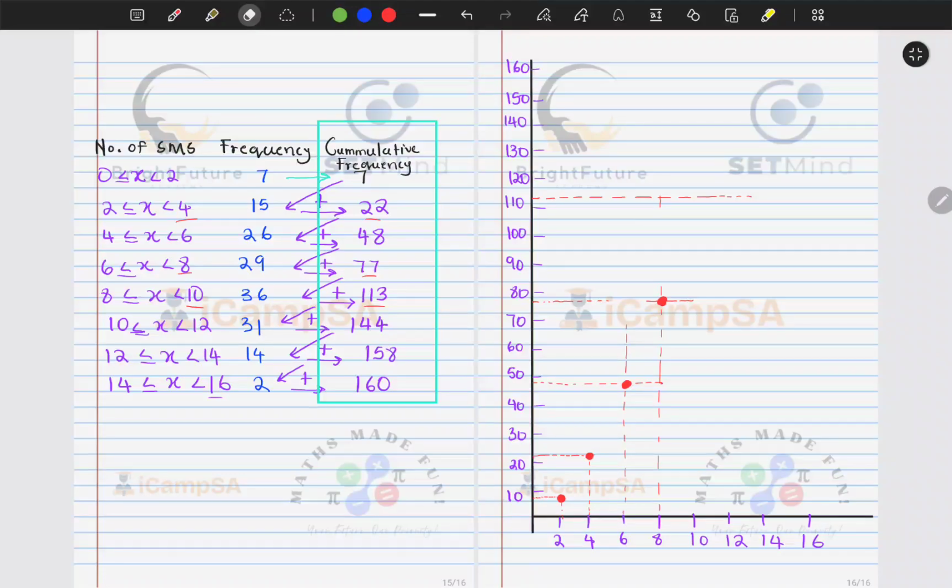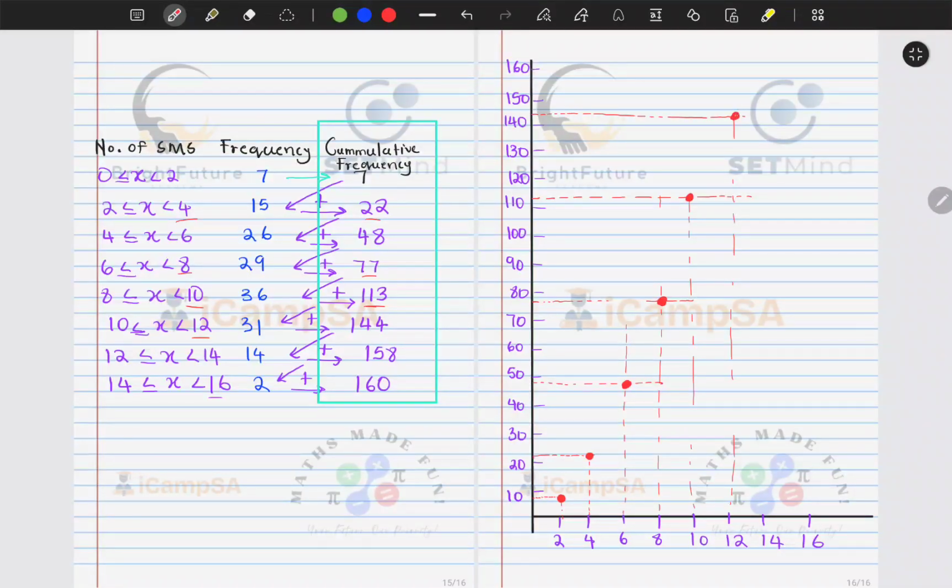Hope that this does make sense. And then now if you go to 10, you'll see that we're at 113. So that is our 10 sitting here. And then 12 is sitting at 144. So 144 is just somewhere in between here, between 150 and 140. So that is our 12.